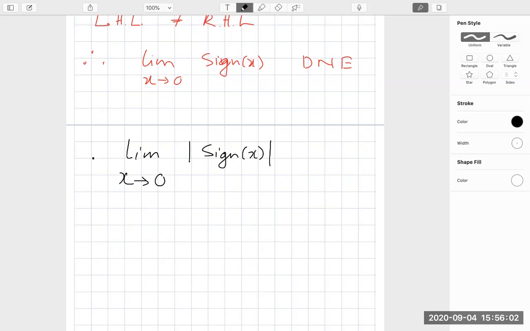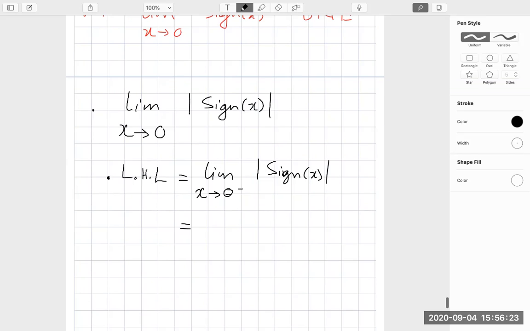Yes. We have to do the same thing. The left-hand limit of this is the limit when x approaches 0 from the negative side of the absolute value of this, right? Yes. Don't be confused.